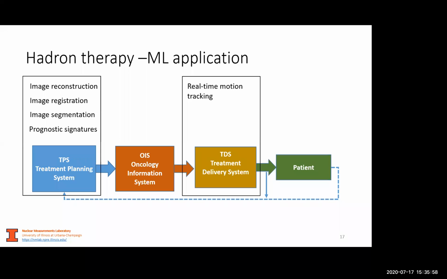By image registration, we mean the fusion of different types of diagnostic images, so not only CT, but also PET, if necessary, and MRI. They need to be all fused together and refer to a common reference system. That's registration. Segmentation is also one particular and very important step here, because it aims to delineate the boundary of an organ or lesion of interest in medical images.